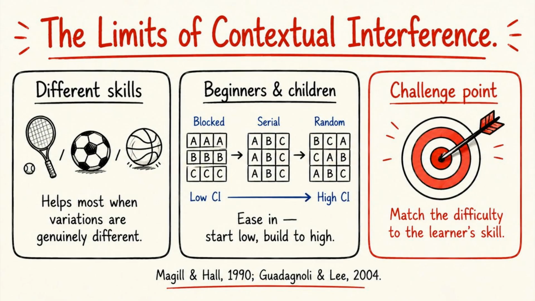Less interference for beginners and hard tasks, more as skill grows. And one practitioner's rule worth remembering: aim for a moderate to high amount of interference, but adjust based on how people do on retention and transfer tests, not on how they look in practice, which, as we just saw, will lie to you.